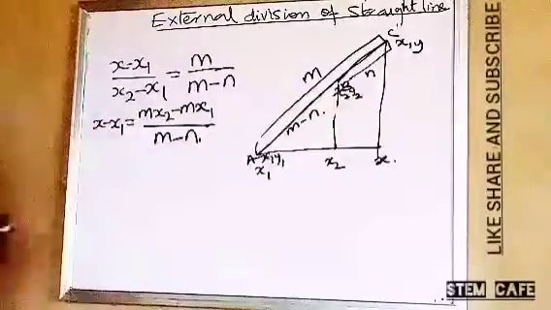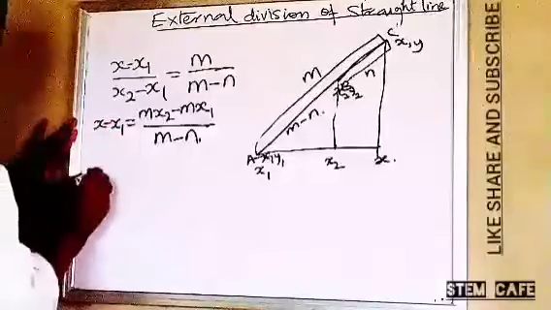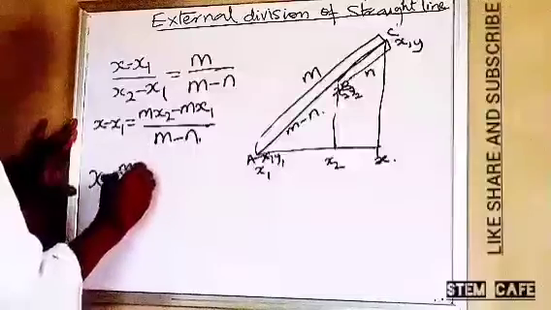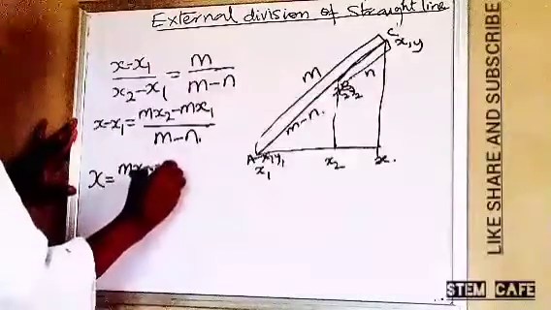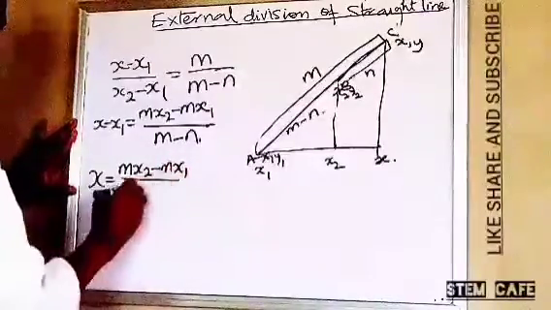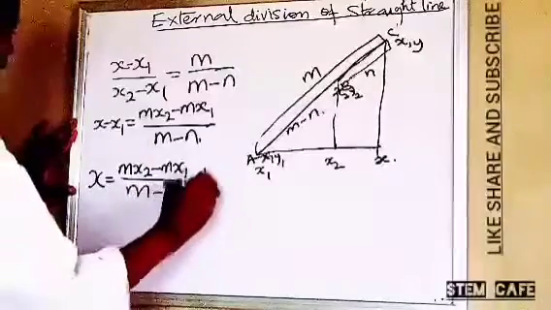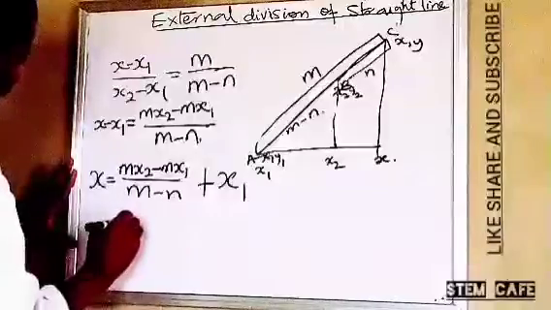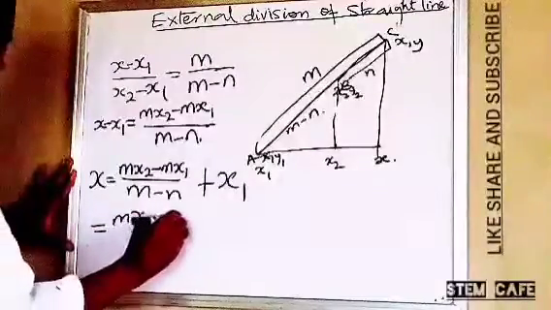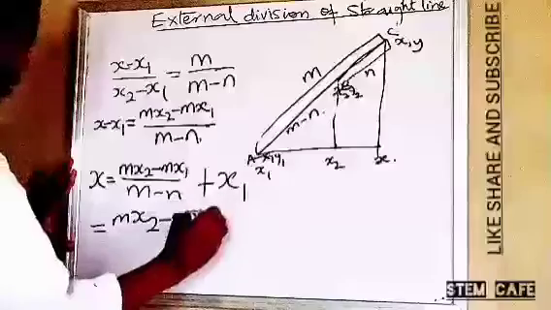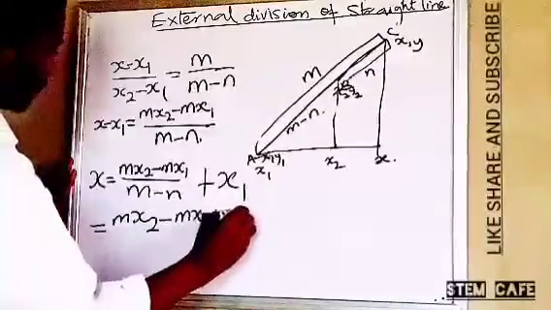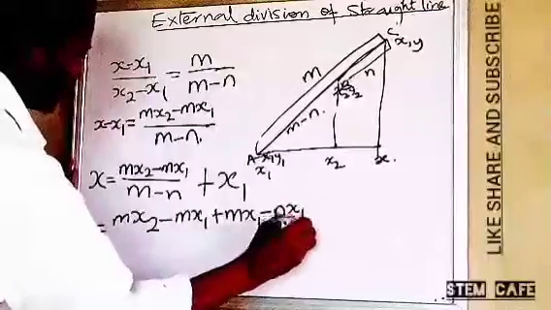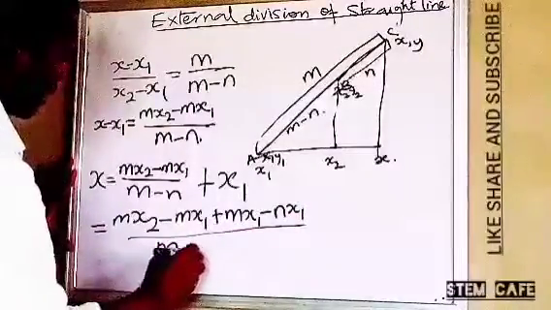To make x the subject of the formula now, I have x to be equal to m x2 minus m x1 over m minus n plus x1, which will give me m x2 minus m x1 plus m x1 minus n x1 over m minus n.